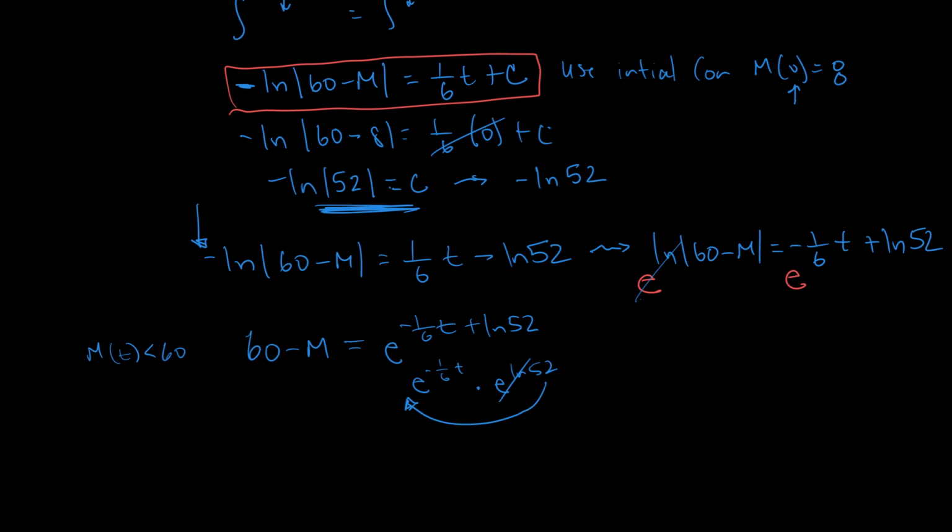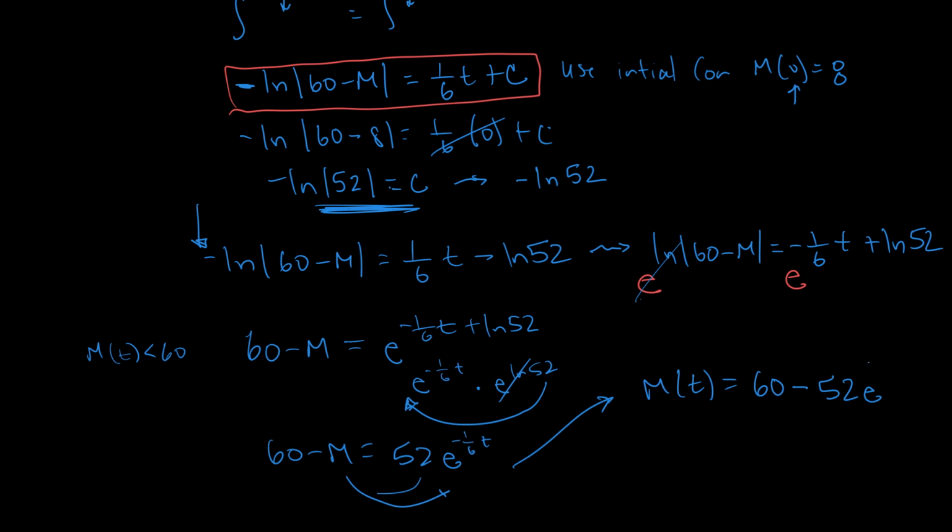So 60 minus m equals 52 e to the negative 1/6 t. Now just cleaning this up, we'll finish this problem. I can say m of t is going to be equal to, I'll bring the m to this side and the other one to the other side, so 60 minus 52 e to the negative 1/6 t. So there you go.